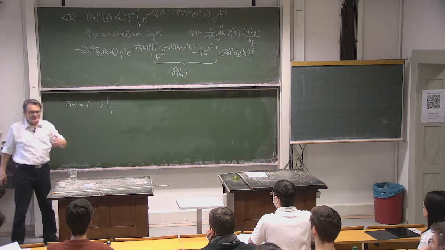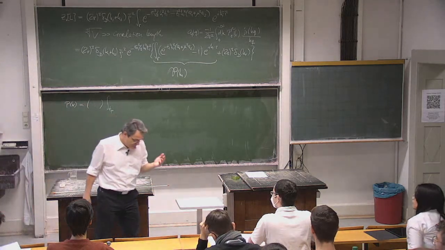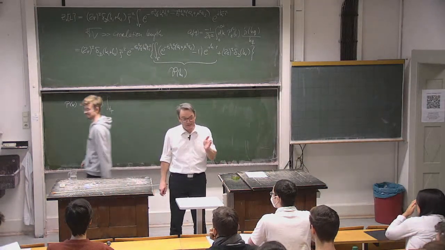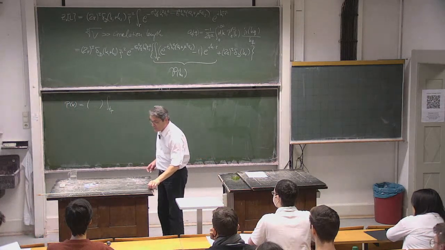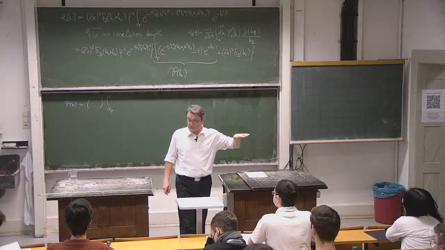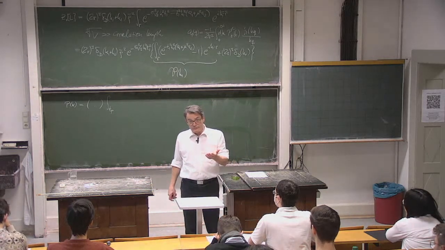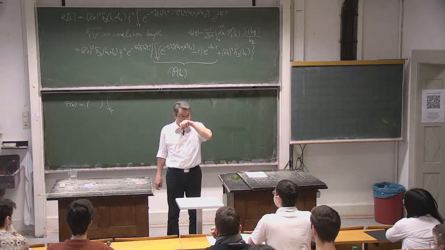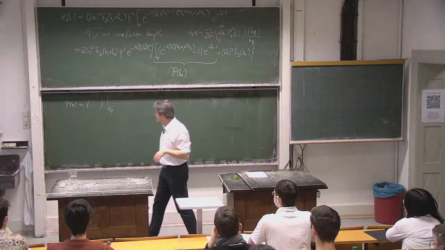Remember how we calculated this? We went on the initial time slice where we set our initial conditions. We imposed the Gaussian distribution for all our variables, right, the density fluctuations and the momenta. And then we introduced some conditional probabilities and so forth.